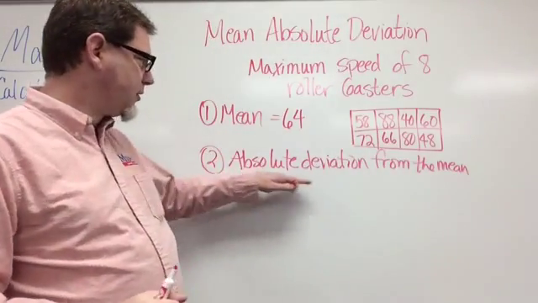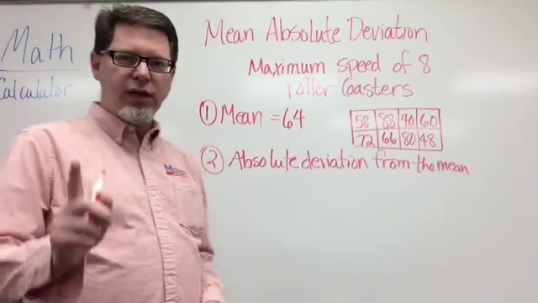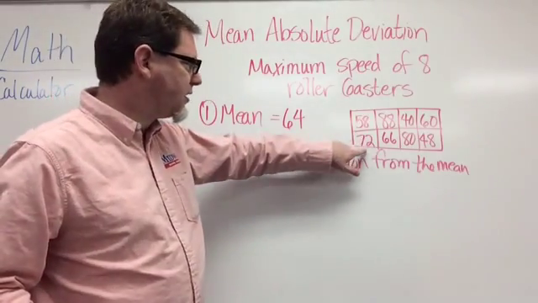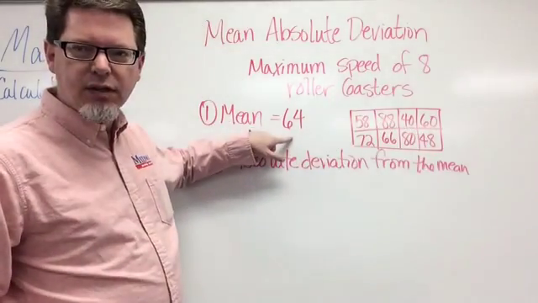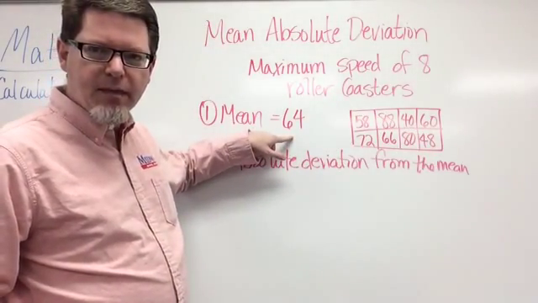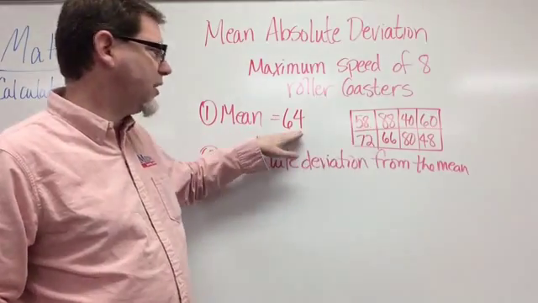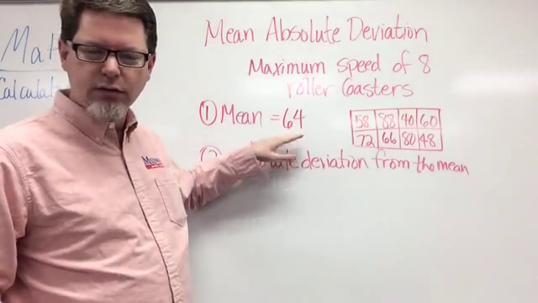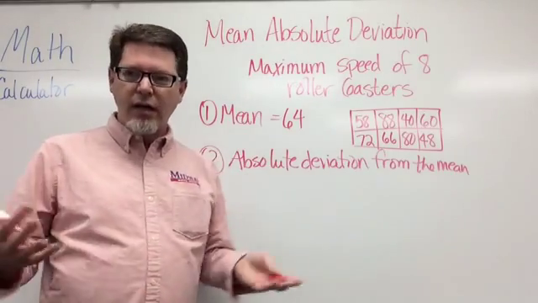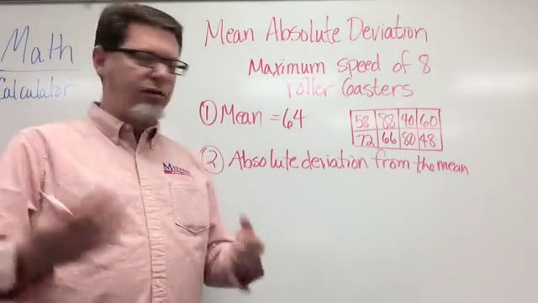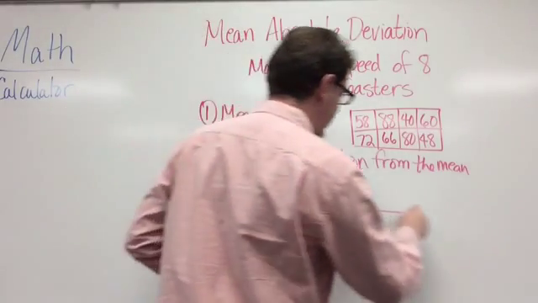I need to find the absolute deviation from the mean, which means I need to find the distance that each one of these speeds is from the mean. So how far away is 58 from 64? And it may help to put it on a number line for you. It may not. I'm going to show you on a number line. You can choose to use it or you can choose not to.